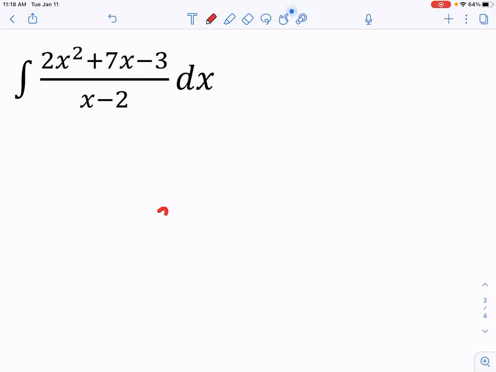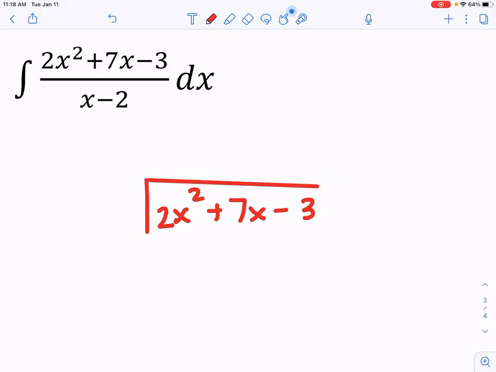We can actually take 2x squared plus 7x minus 3 and divide it by x minus 2. You did it in pre-calculus. You also did it in algebra 2.